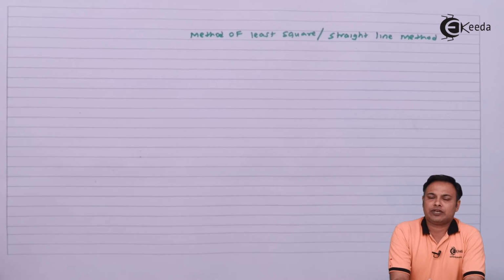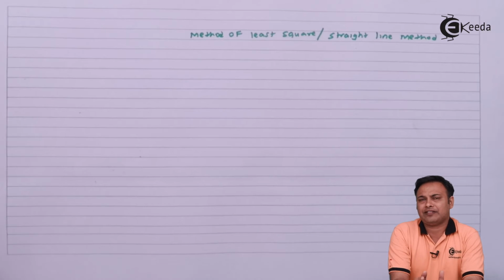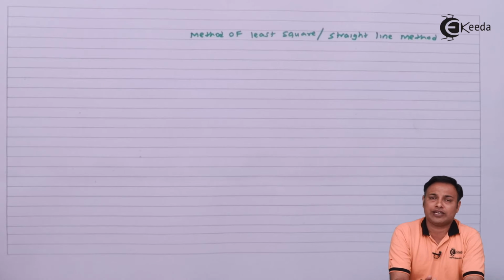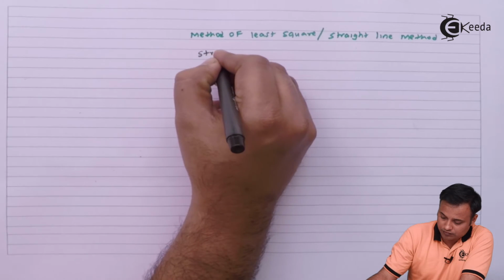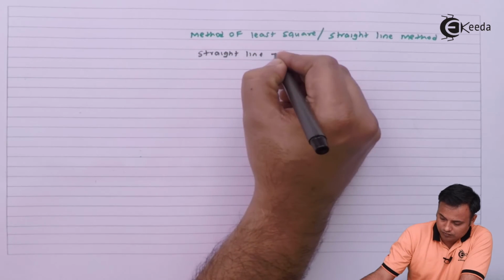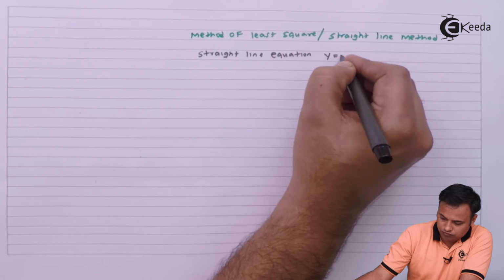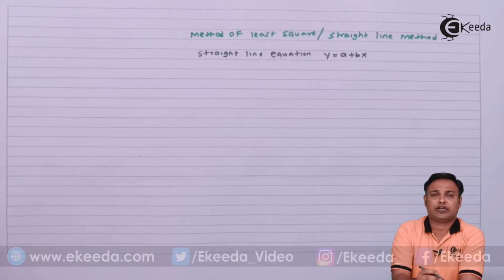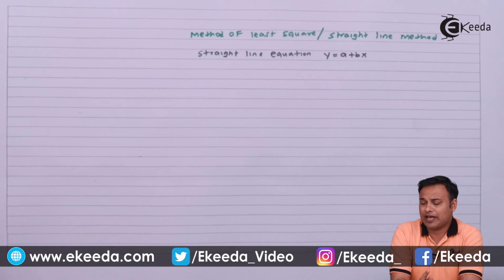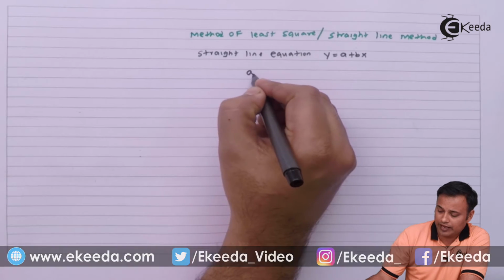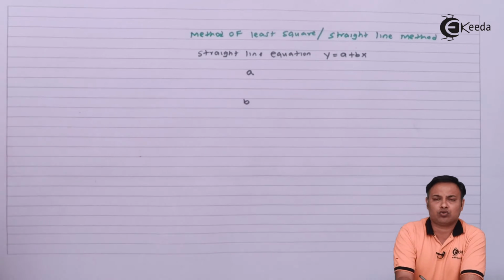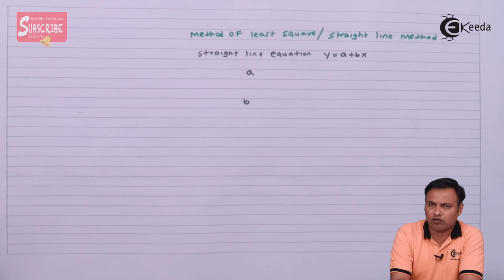Now, the straight line method can be called the method of least squares, where I will use the linear equation. We define the equation in the standard format, that is y equals a plus bx. The straight line equation is defined by y equals a plus bx, where a and b are the two constants involved.